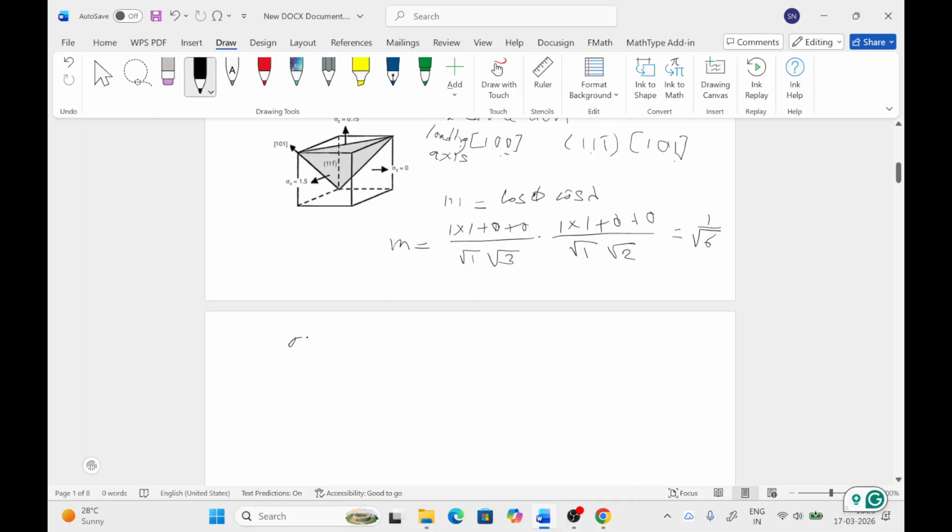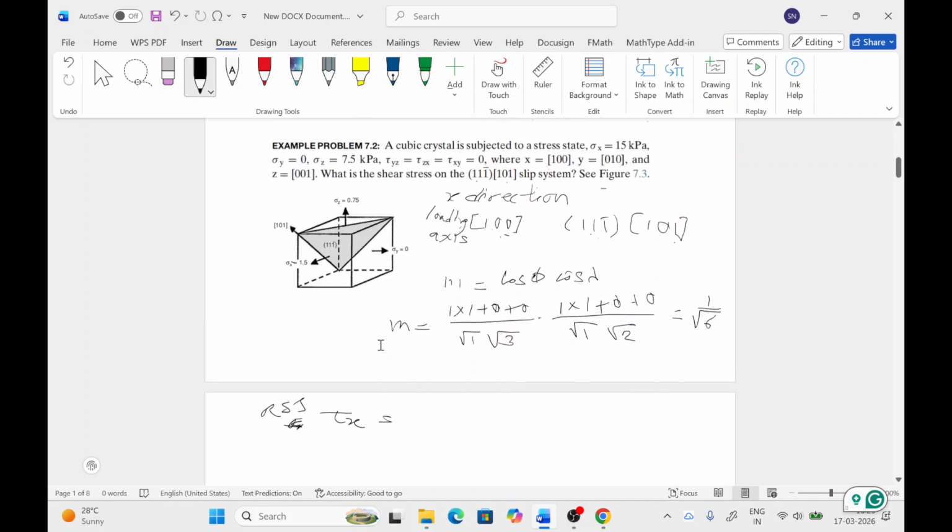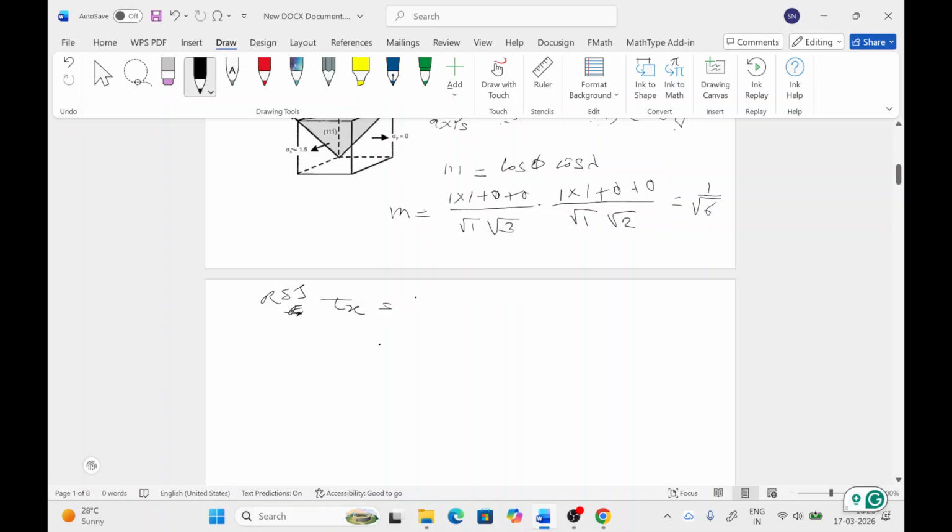So the resolved shear stress in the x direction will be sigma x, we have 1.5 MPa, which is 15 into 10 raised to power 3 kPa, into cos phi and cos lambda, which is 1 by root 6.